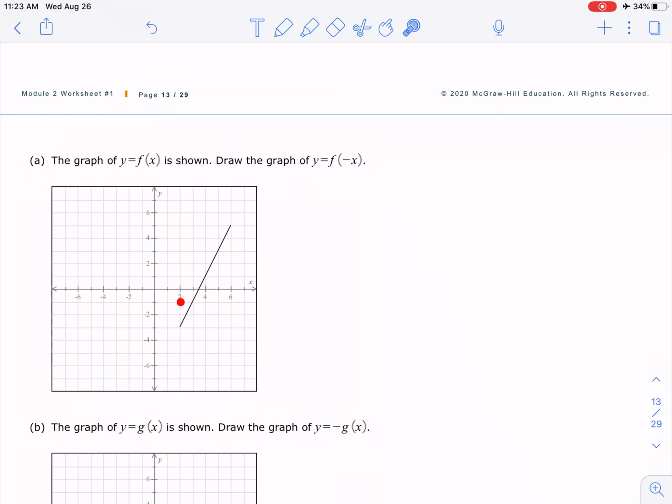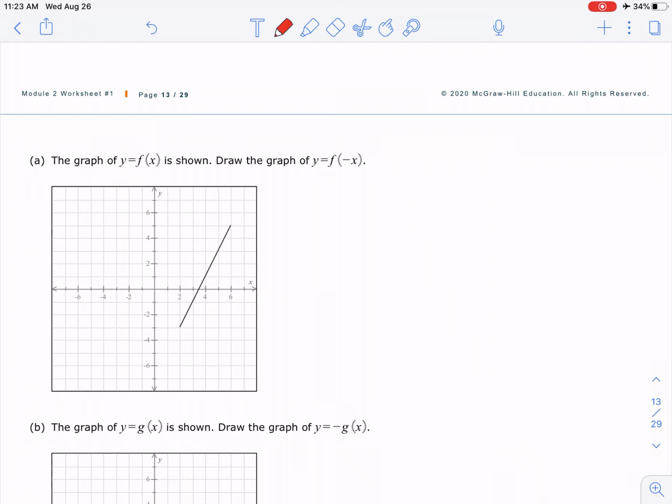So if I have right here 2, we're going to go negative 2. Right here is 4, we're going to go negative 4, and so on. Right here is 6, you go negative 6. And that's how you get the points for the new graph.